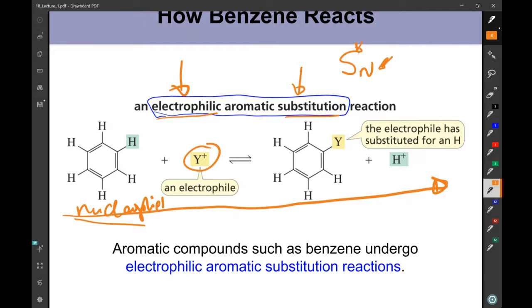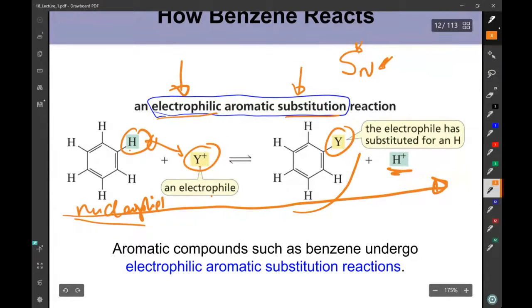And what you notice is that the Y simply replaces one of the hydrogens in the benzene ring. Because Y, the electrophile, replaces a hydrogen and then you form a hydrogen plus. That's why this reaction is called electrophilic substitution, because an electrophile replaces a hydrogen atom on the benzene ring. That is the general scheme.